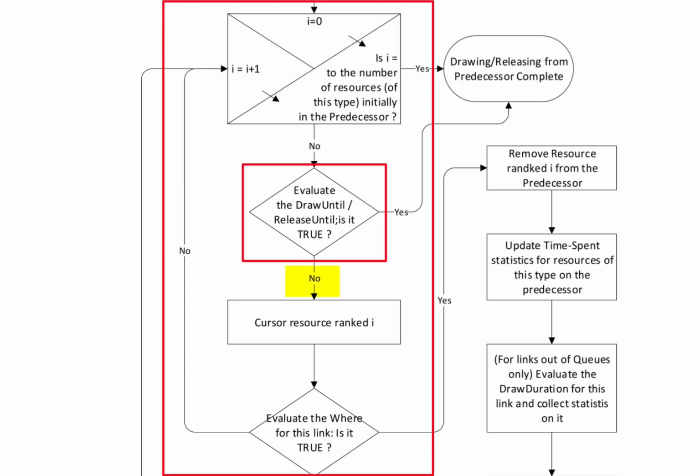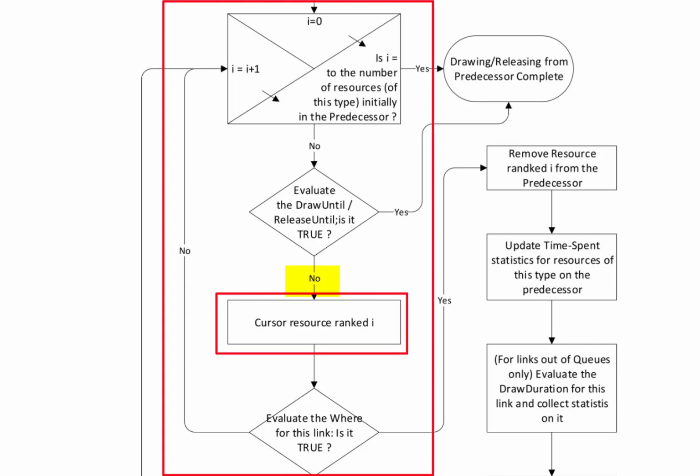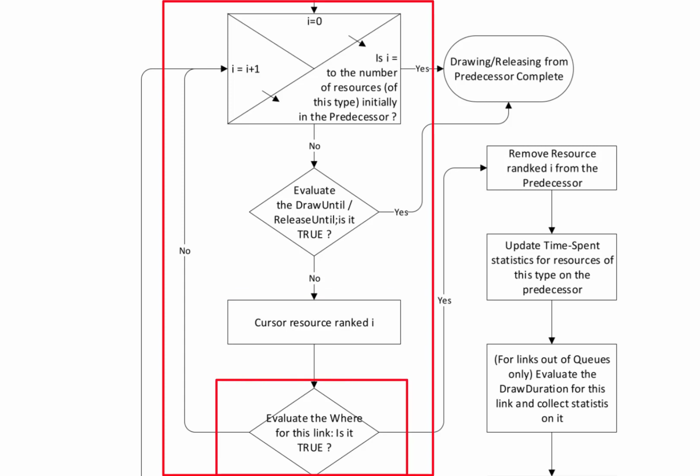If the draw until or the release until is not true, then Stroboscope will cursor the resource ranked I. Then Stroboscope will evaluate the draw where expression for this link. It is important to appreciate that the draw where expression for this link is evaluated for the resource that is currently cursored by the link.